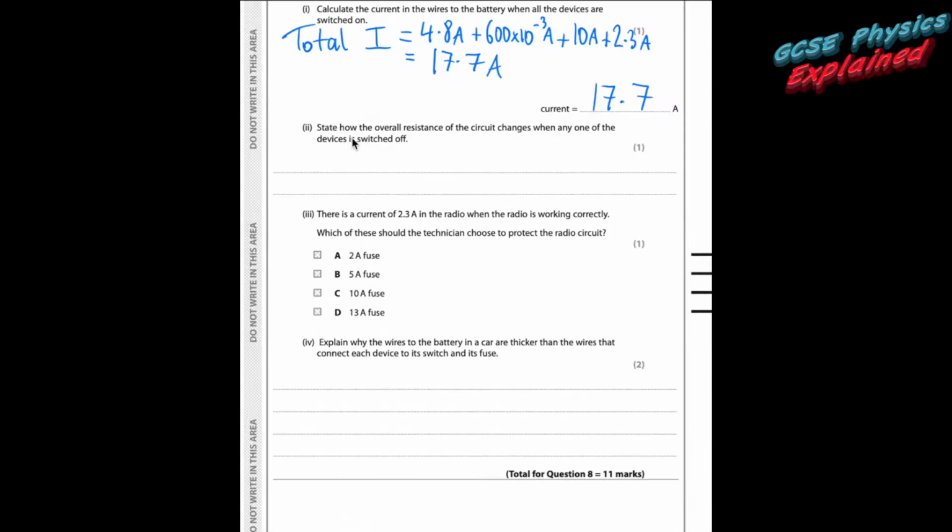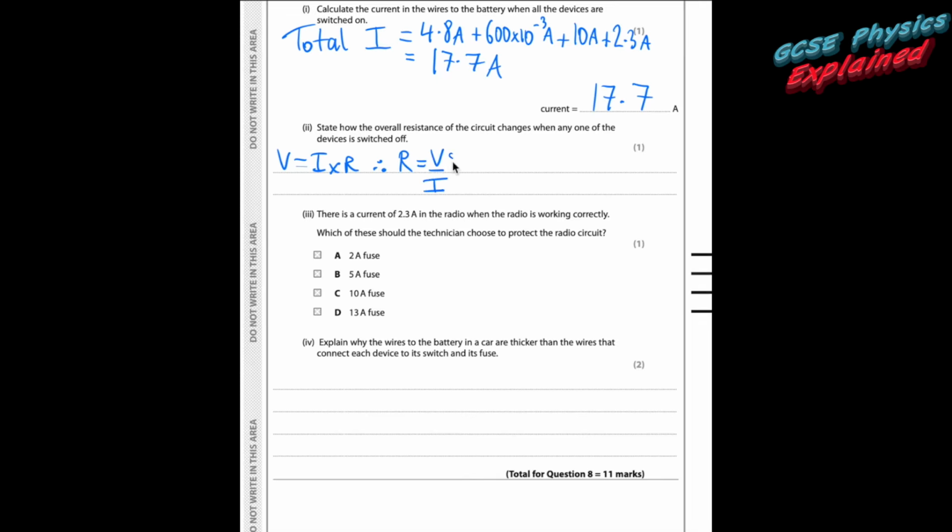Part 2. State how the overall resistance of the circuit changes when any one of the devices is switched off. So voltage equals current times by resistance. Therefore, resistance equals the voltage divided by the current.